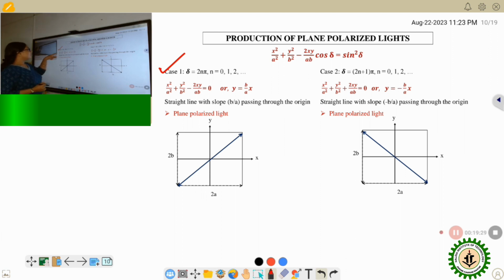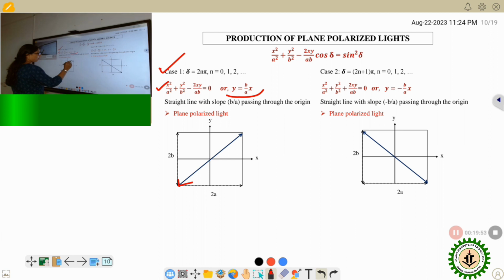So the equation will be x square by a square plus y square by b square minus 2xy by ab equal to 0. From here we get the equation y equal to b by a into x, that is y equal to mx plus c, the equation of a straight line passing through the origin with slope b by a.